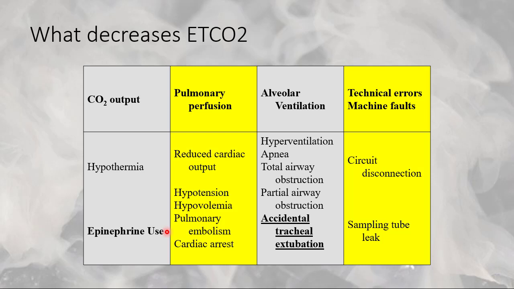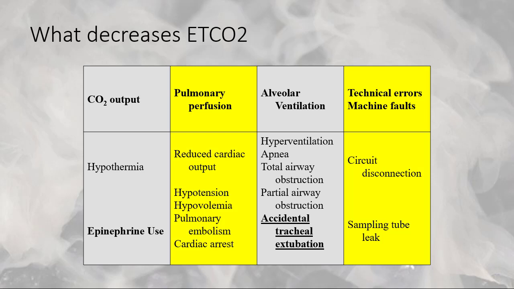I've seen this a number of times where whoever you have on airway duty, on ventilation duty, isn't paying attention to the tube, and it gets folded over your tube holder, and then it gets obstructed. And of course, we talked about circuit disconnection, or when they say sampling tube, they're talking about a leak in the tube of the End-Tidal CO2 sidestream capnography.